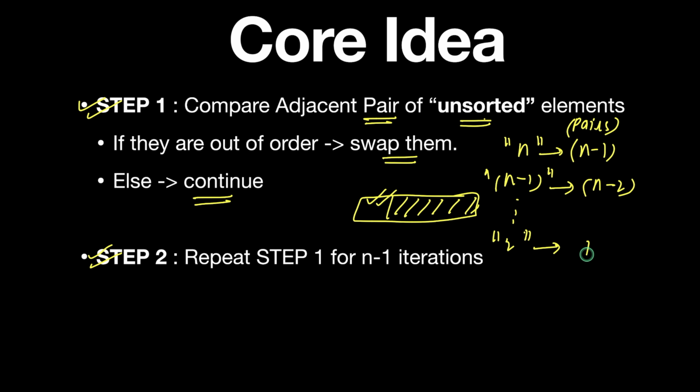So you can see that the total number of comparisons that we do forms an arithmetic series, n minus 1 plus n minus 2, and so on until we reach 1. This type of arithmetic series, where each term differs by 1, will always sum to n into n minus 1 over 2.